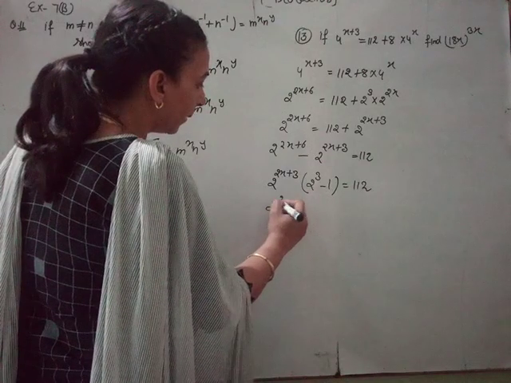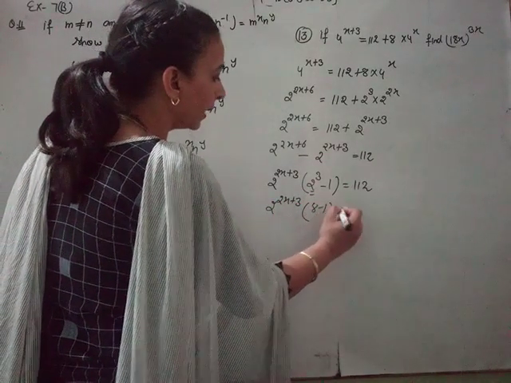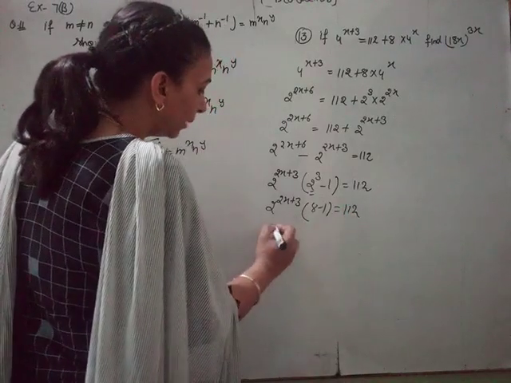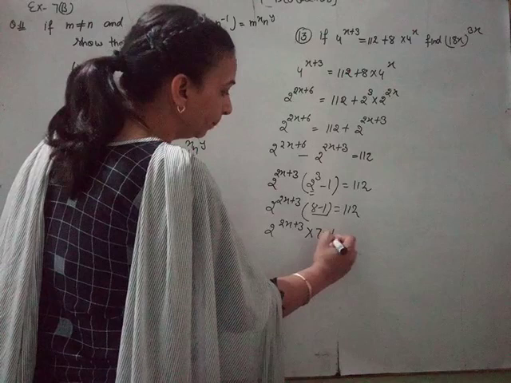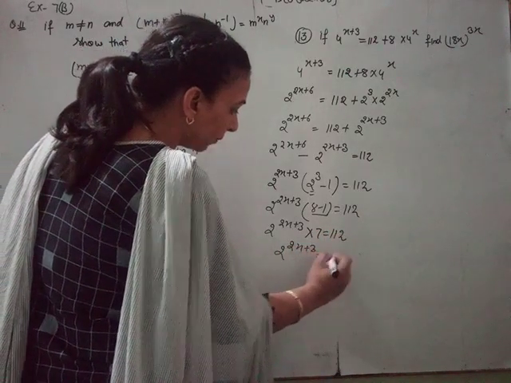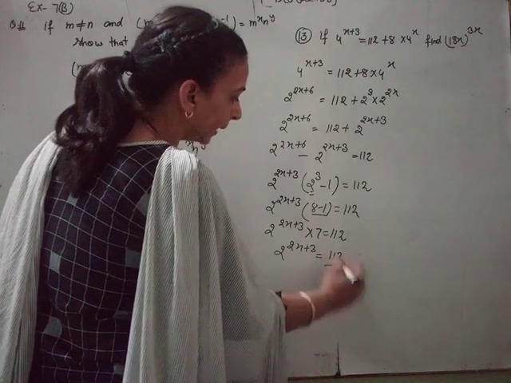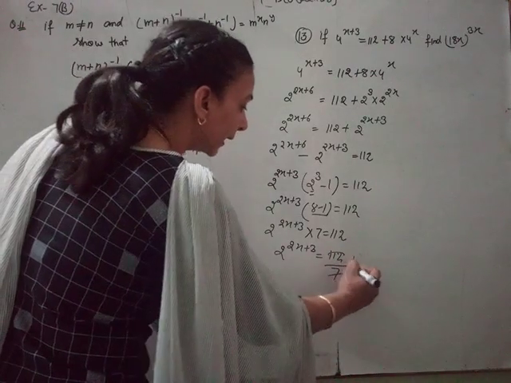2 raised to the power 2x plus 3 into (2 raised to the power 3, which is 8, minus 1) equals 112, so 2 raised to the power 2x plus 3 into 7 equals 112. 2 raised to the power 2x plus 3 equals 112 by 7, and this equals 16.